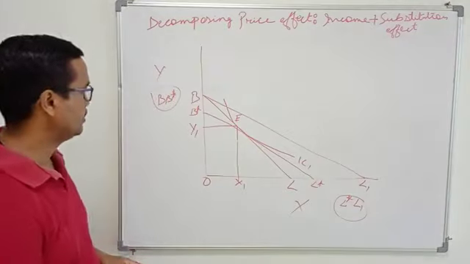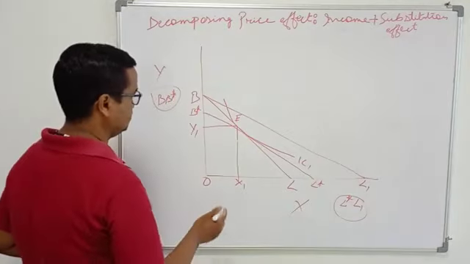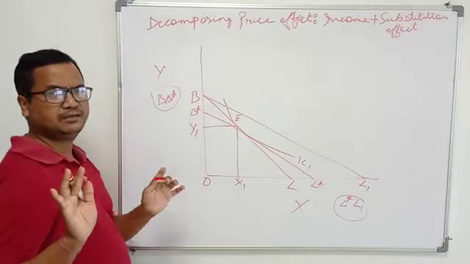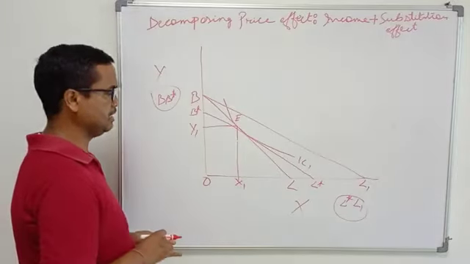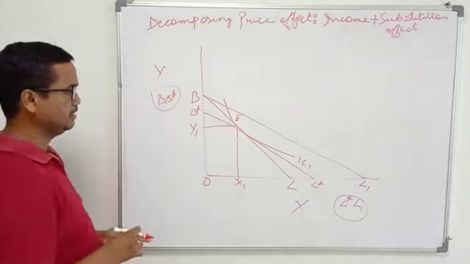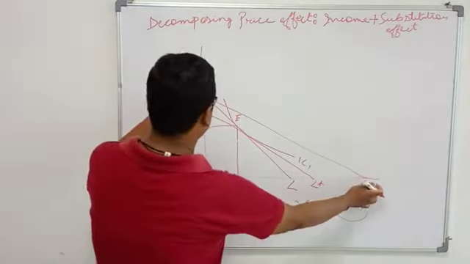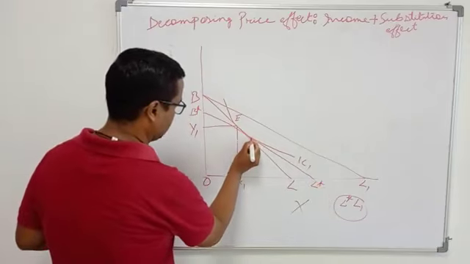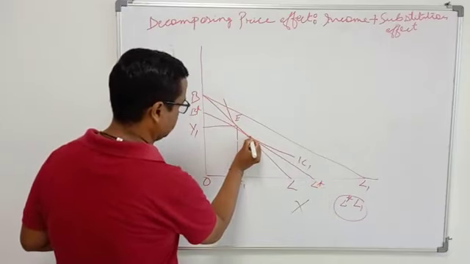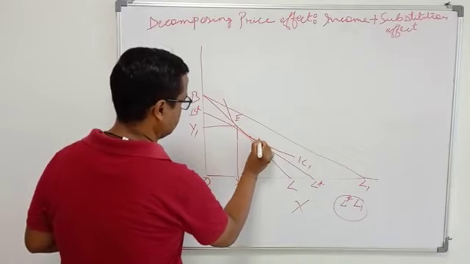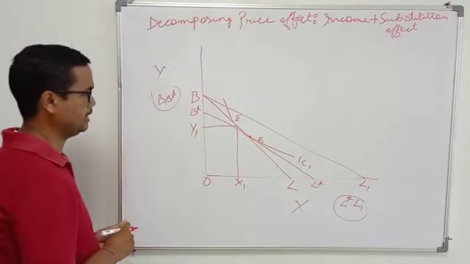After maintaining the real income of the consumer as constant, the new budget line will shift from BL1 to B star L star, and the consumer will be at equilibrium at this point. Give this point the name E1.